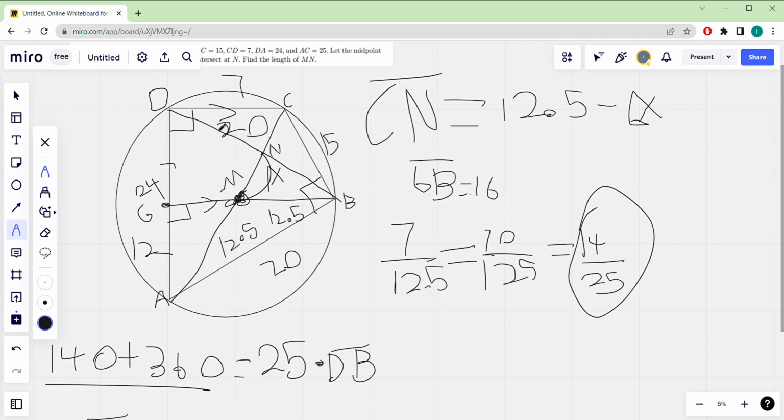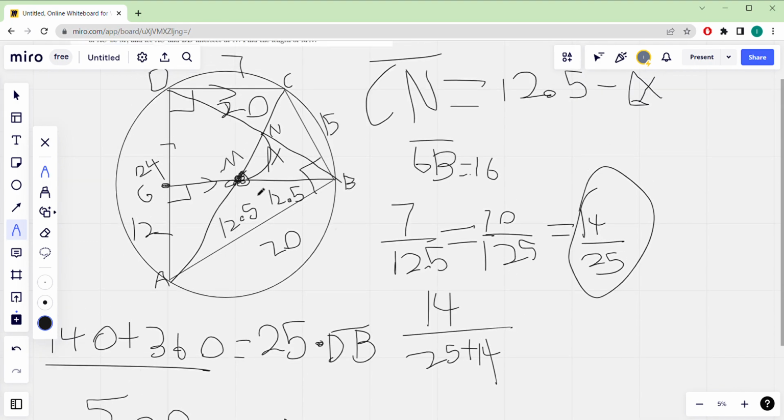so then we know that DN must be 14 over 25 plus 14, because this is the similarity ratio, like this to this, and so if it's this to the whole thing, then it's this to the similarity ratio plus this part.